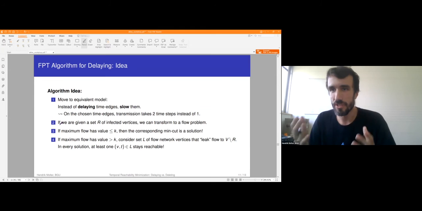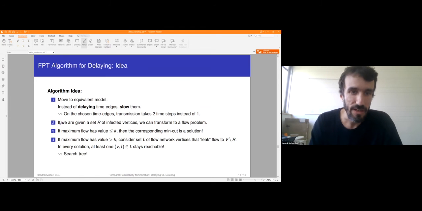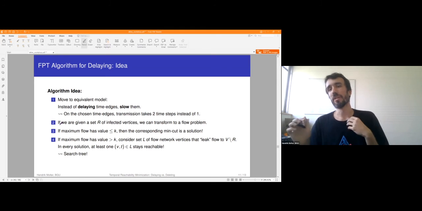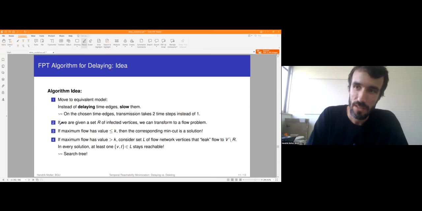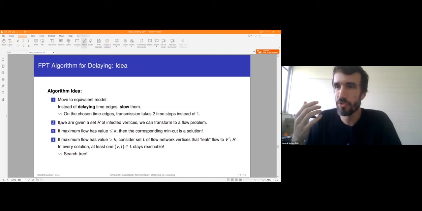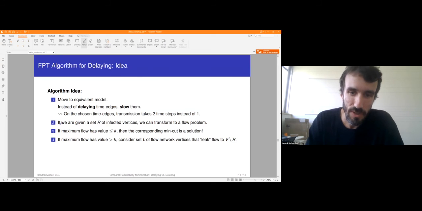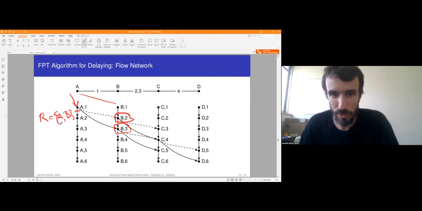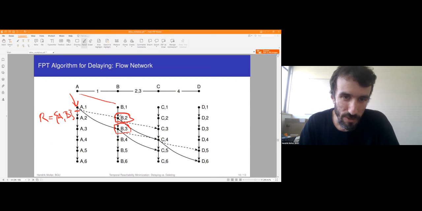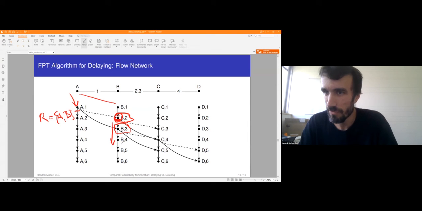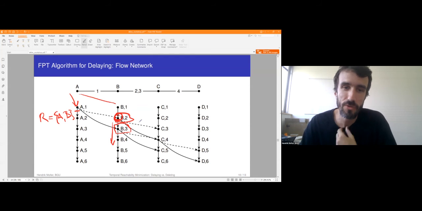And the question is, which is the best one? And there we apply our search tree. It's not super obvious to see that this gives us a bounded size search tree. But what we can do here is whenever I accept that this one is the one I'm going to reach, it's clear I'm also going to reach all the further ones further down.